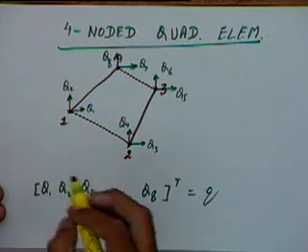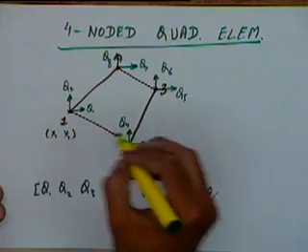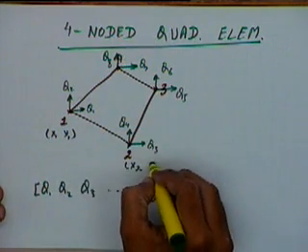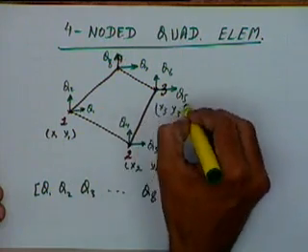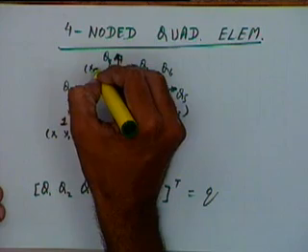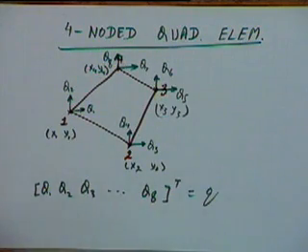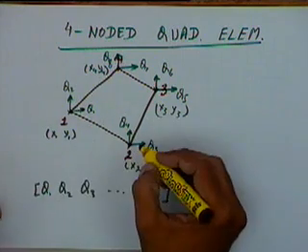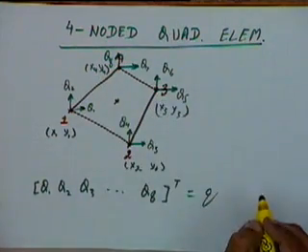Okay, and the coordinates are x1 y1, x2 y2, x3 y3 and x4 y4. Okay, and now again, just like the elements earlier, we have to give 4 shape functions in order to get the deformation at any arbitrary point.